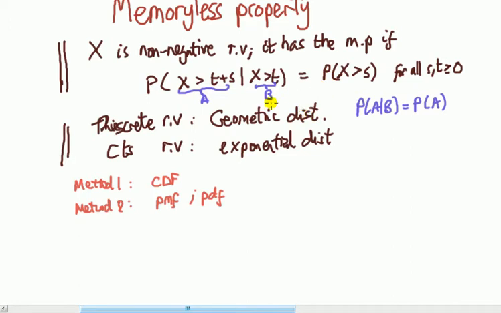Here it's quite obvious why A and B are not independent, because they're both to do with time t.